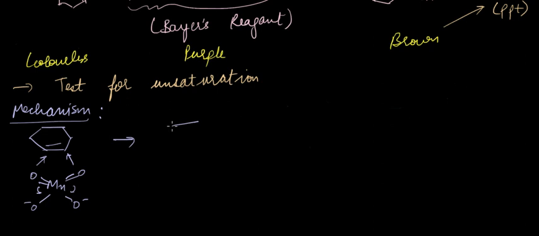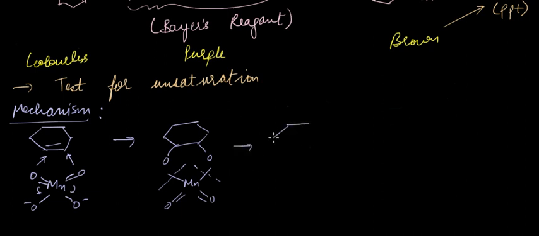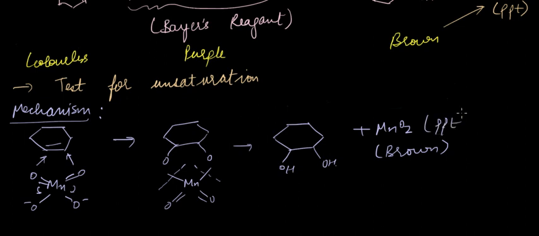So this forms a complex something like this, wherein we have oxygen here and a double bond with oxygen here. These two bonds break to form O minus, which will acquire H plus, and the MnO2, the brown colored precipitate, will settle down at the bottom of the beaker. Okay, so this is the mechanism which takes place.